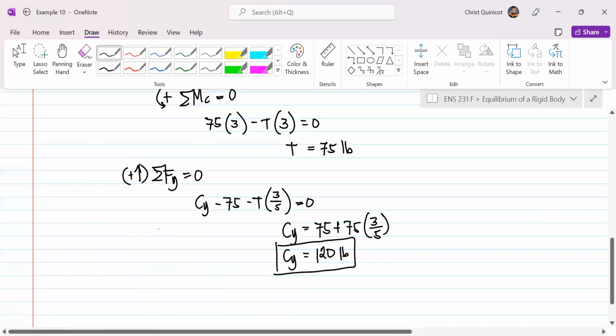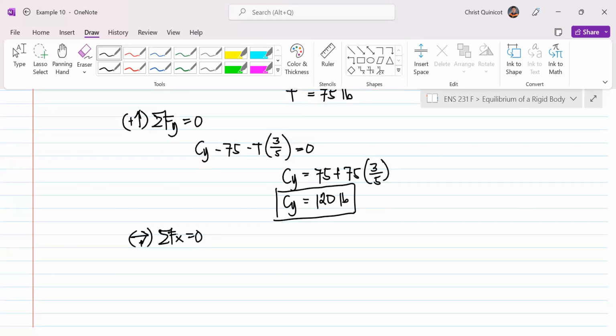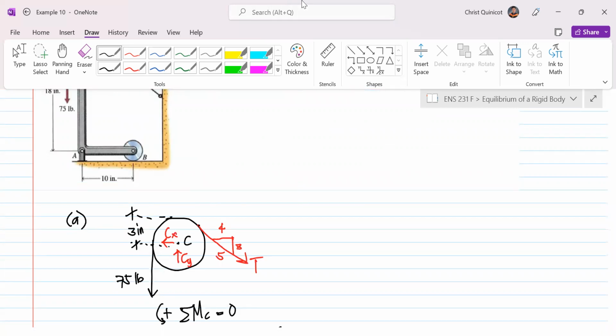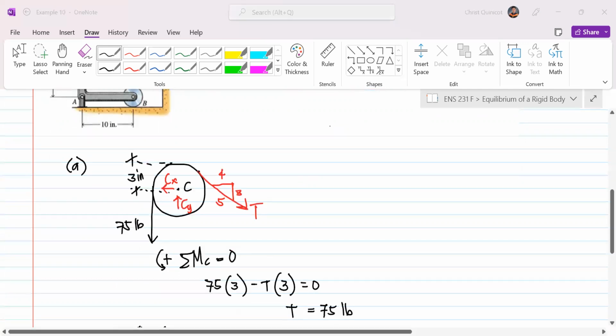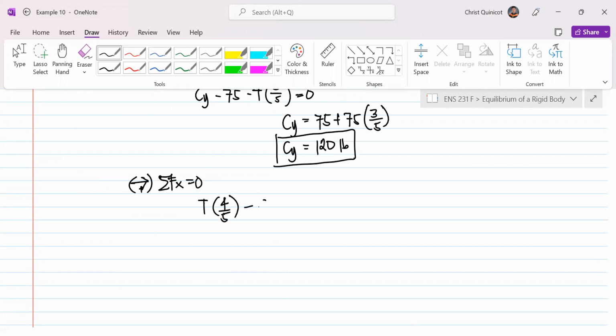So since we have calculated our C sub y, we do summation of forces x is equal to 0, assuming to the right positive. To the right is the x component of our tension. Tension, that is 4 over 5. So that's T times 4/5 minus C sub x is equal to 0.